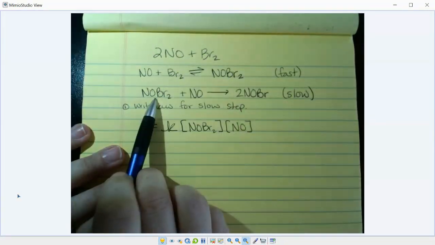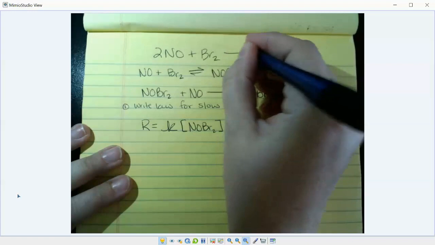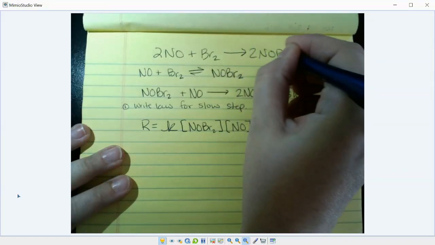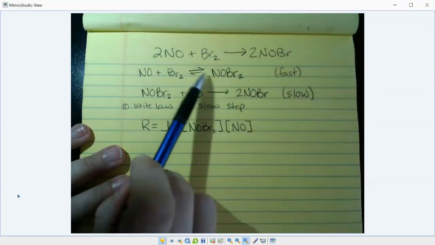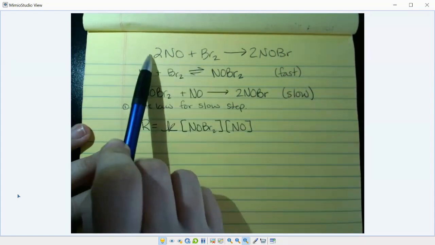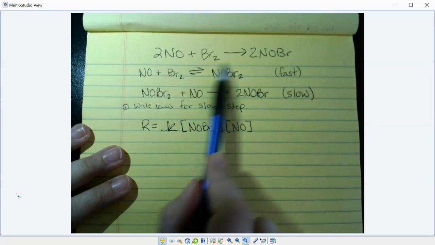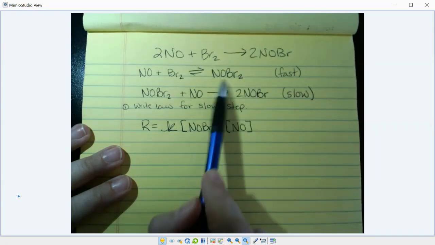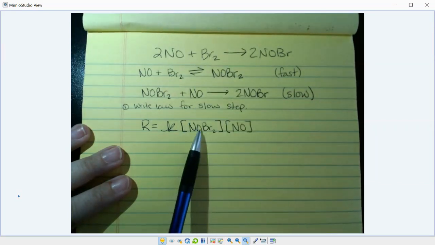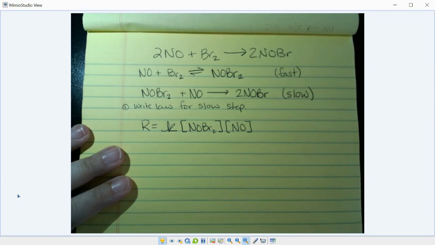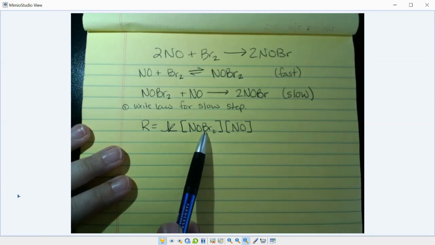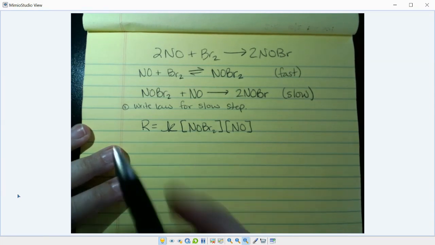The NOBr2s cancel out, and then the product of this is 2 NOBrs. So this NOBr2 intermediate isn't in this overall reaction, so there's not going to ever be an opportunity for me to measure the concentration of this. So I'm not going to be able to do a rate law that contains that. And that's why we have to do some extra substitution steps.